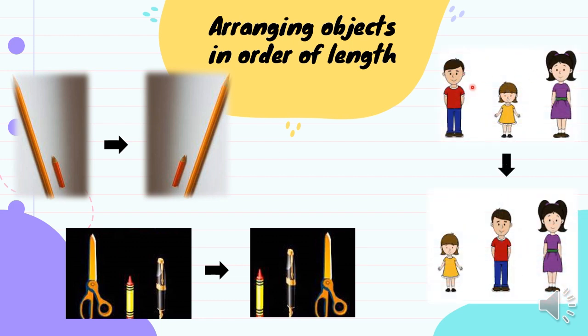Look at dad, mom, and their daughter. Now, who is the shorter? The daughter, followed by her dad, then her mom. So I hope you can also arrange objects of different sizes around you to follow their order of length.